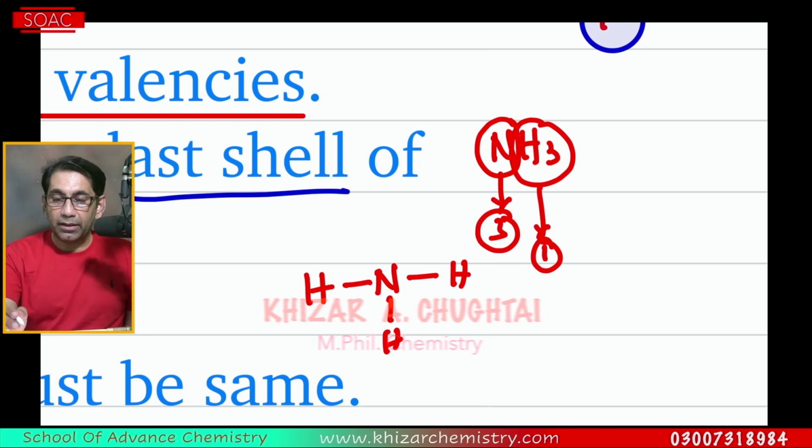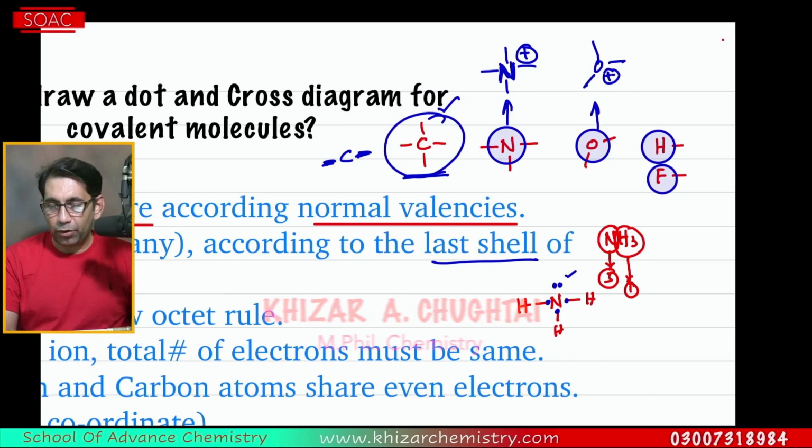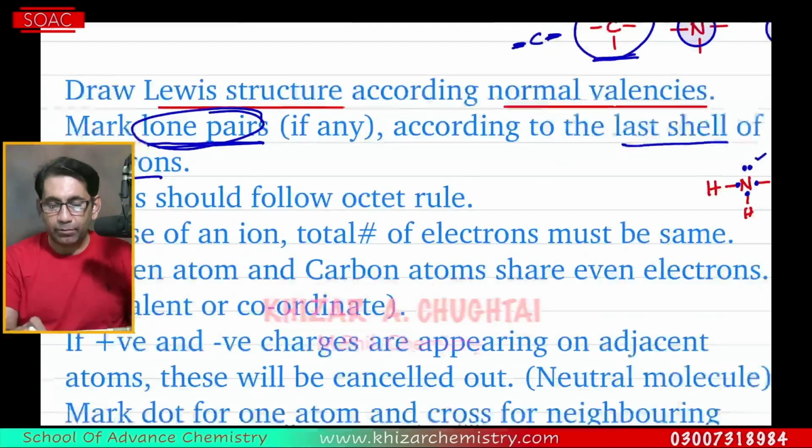Now you can see that nitrogen has used 3 valence electrons in covalent bond formation with the hydrogen atoms. Overall, there are 5 electrons in its last shell. So 2 electrons are over here, and this pair of electrons is said to be the lone pair. So here is the lone pair of electrons.